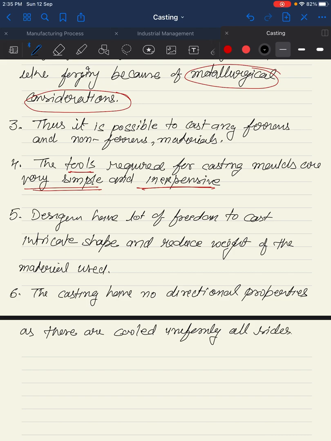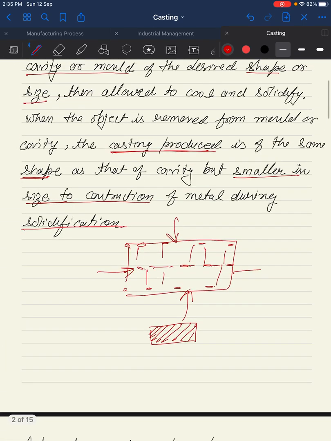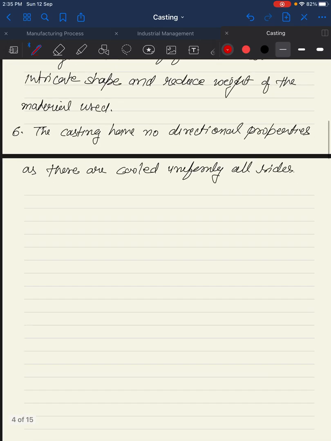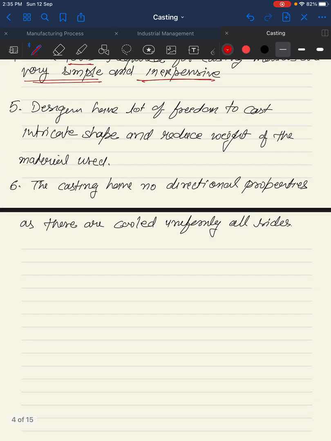This point I have already discussed here. Whenever the material solidifies, it will solidify from all sides at a uniform rate, so the cooling process will occur from all the sides.